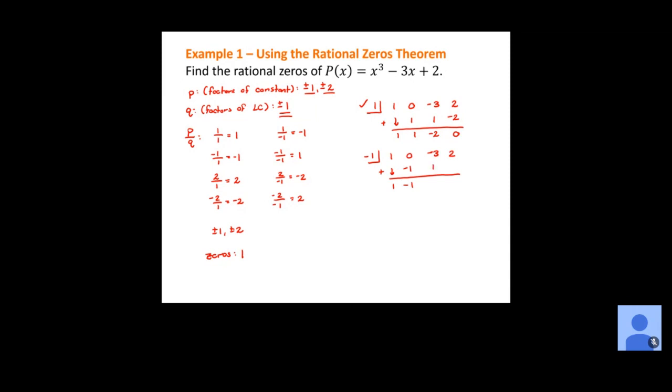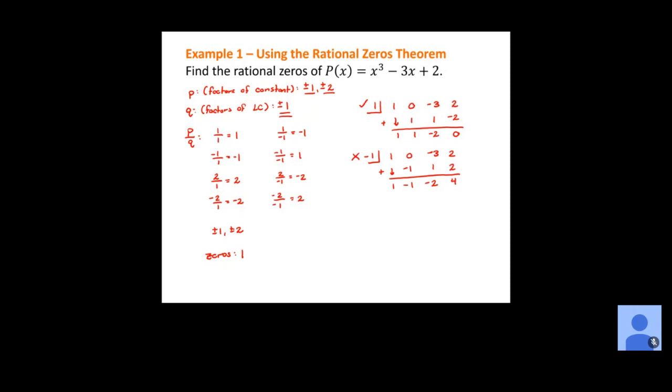That's going to give us negative 3 plus 1 is negative 2. Negative 2 times negative 1 is positive 2. And so what's our remainder this time? 4, right? So what does that tell us about negative 1 then? Not a 0, right? So this one right here does not work.